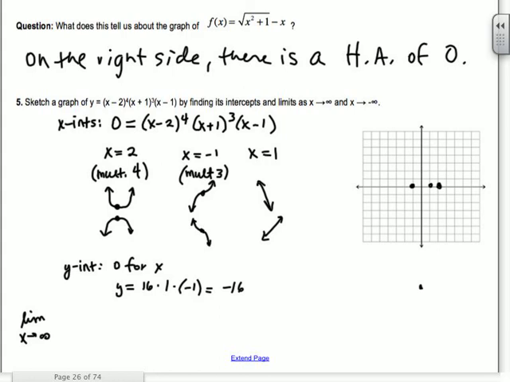Okay, so limit as x goes to infinity. Can you guys tell what it is? It's not hard. We're not using L'Hopital's rule. It's infinity. You just plug infinity in. Now the limit as x goes to negative infinity, though, is a little bit harder because you really need to think about the sign. So on these, it was like a big, huge number to the fourth, a big, huge number to the third, a big, huge number.